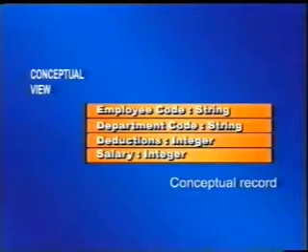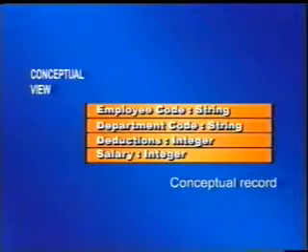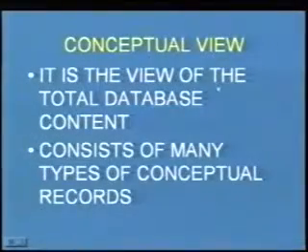Now let us assume that instead of the student database, we had a database containing information about employees, departments, their deductions, salaries, etc. Then the conceptual view would have contained a conceptual record corresponding to each of them as shown in this diagram. Thus we can say that conceptual view consists of many types of conceptual records, and it is defined by means of a conceptual schema.